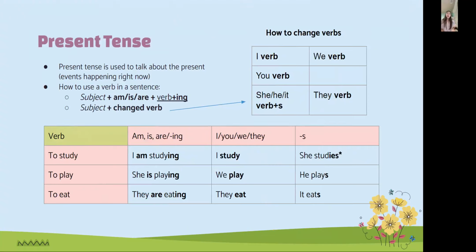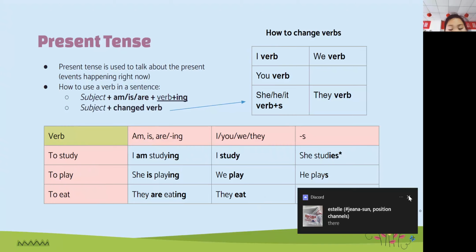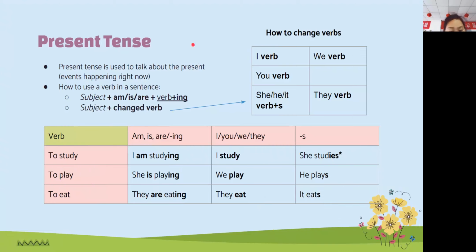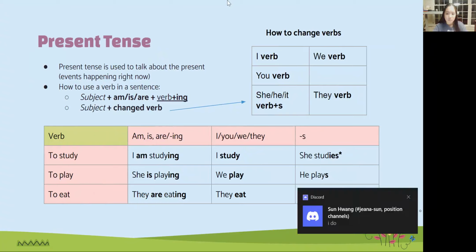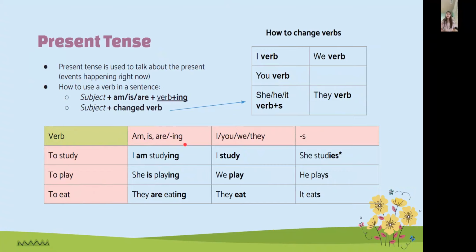He is playing. They are eating. Can you use throwing in that type of sentence? How about we come back to now? Lucy, can you think of a sentence using the verb form ing?